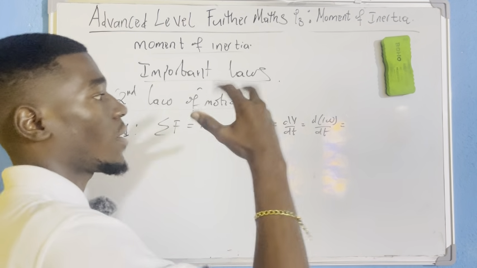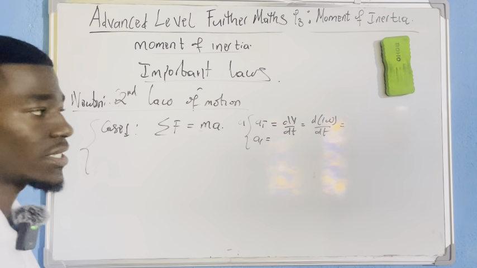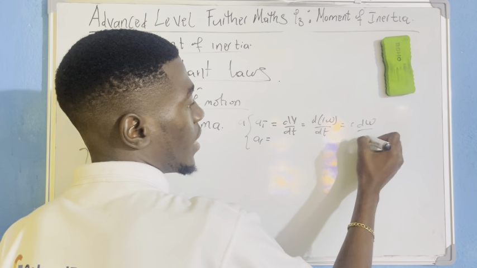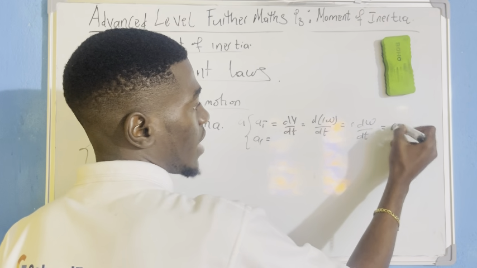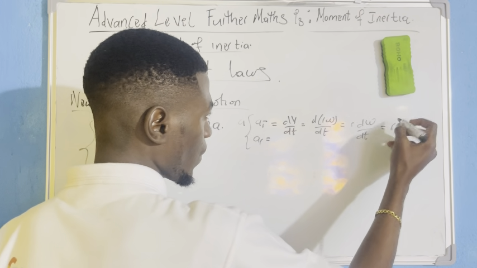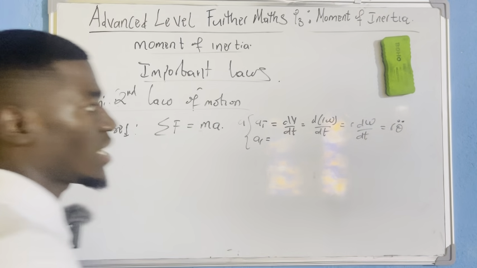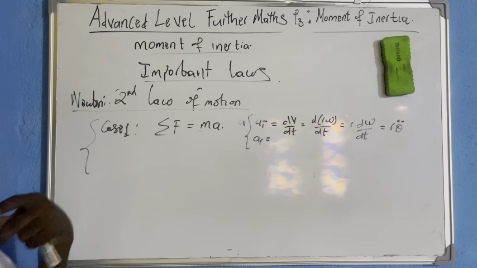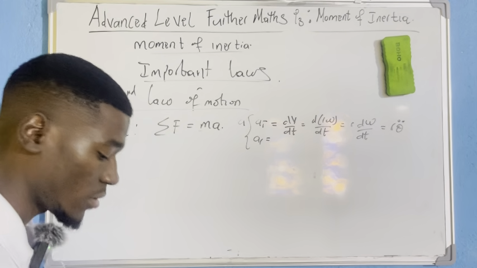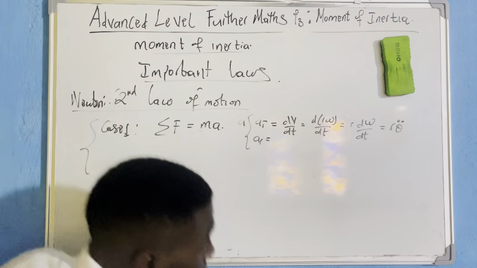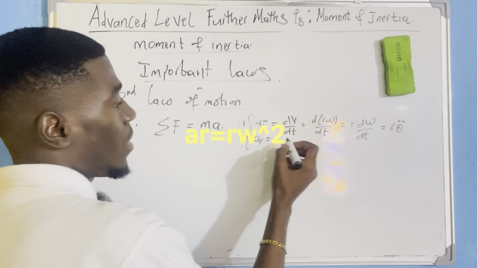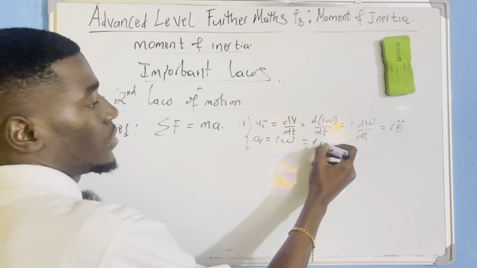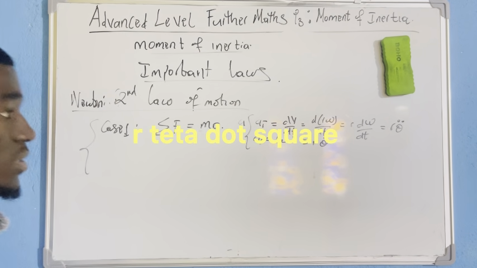If the radius of the circular path taken by the body is constant, I will have r d omega/dt, which is the same as r theta double dot. That is all about the tangential component. This is when the radius is constant, and most of the time the radius here is constant, it's not varying. Then the radial component is r omega squared, so it is r theta dot squared.